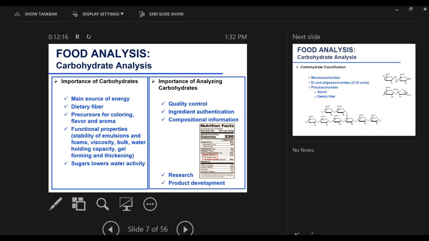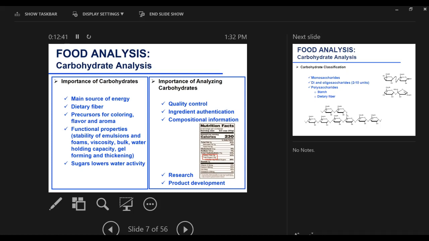Research, definitely carbohydrate. People continuously look at sources of fibers, the differences in fiber. The difference in the fiber components, looking at the functionality of the different components, of whether it's starch or whether it is modified starch or dietary fiber.